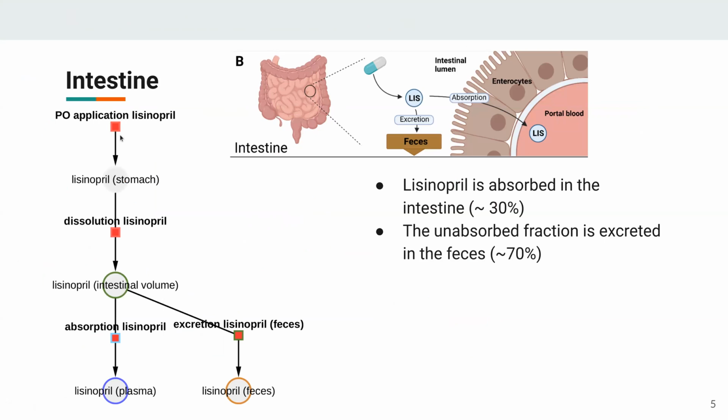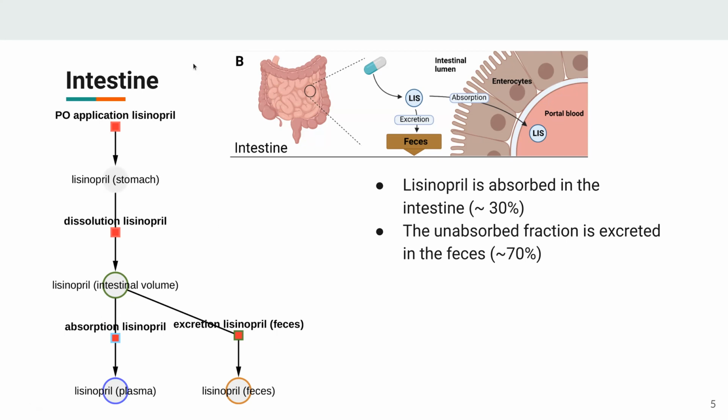This consists of a handful of reactions. It's the tablet which is given, or the oral dose of lisinopril, which is then going to the stomach, and from the stomach the tablet can dissolve and reach the intestine, and from the intestine either absorption is happening or the remainder, around 70%, is excreted in the feces.